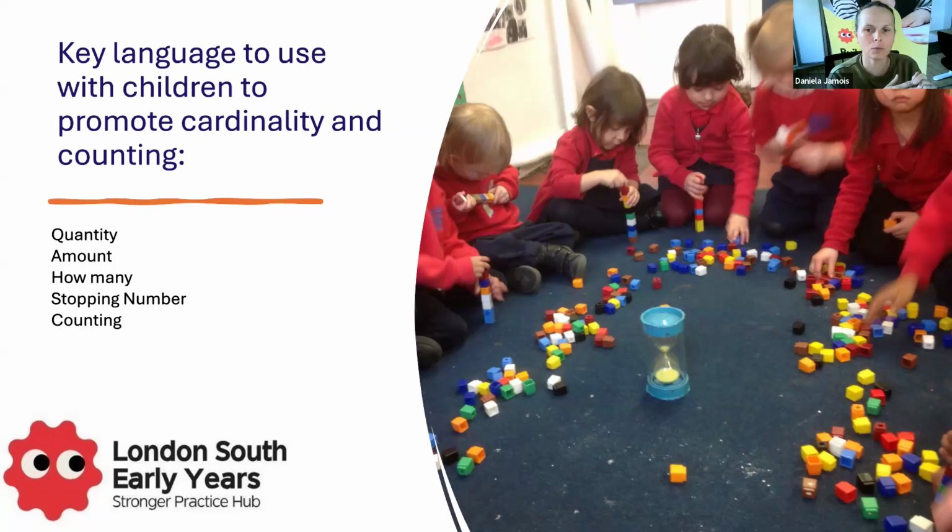We know that we will have 5 if we stop at 5 when we count them out. So using that language really clearly so that the children can then use that same language to explain what they are doing. So introducing the idea of the stopping number.